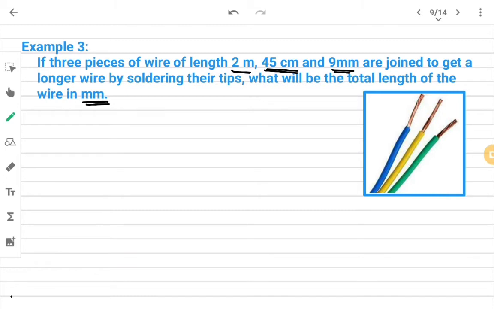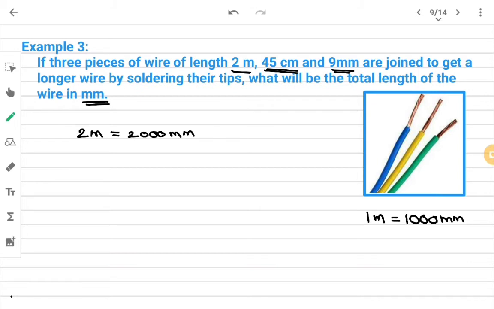First, I am going to convert all the 3 into millimeter. For that, I am having 2 meter. So 2 meter can be written as, 1 meter is equal to, what is 1 meter? 1 meter is equal to 1000 millimeter, right? Therefore, 2 meter is equal to 2000 millimeter.